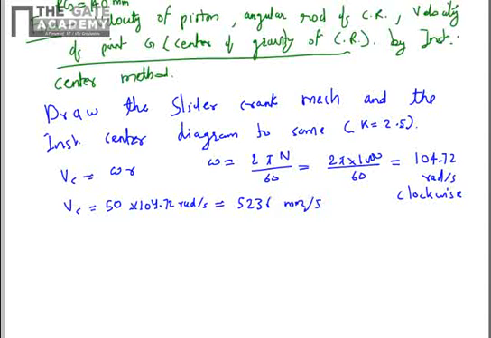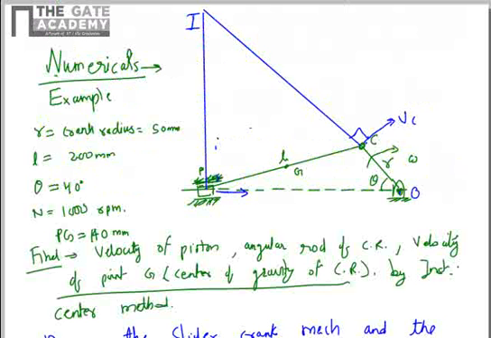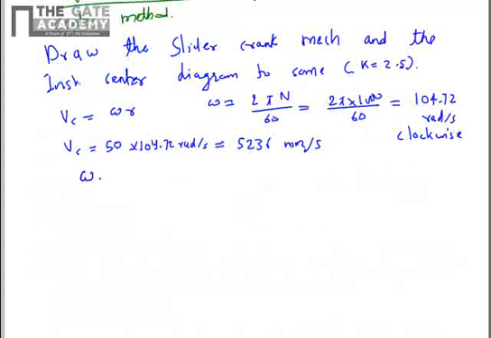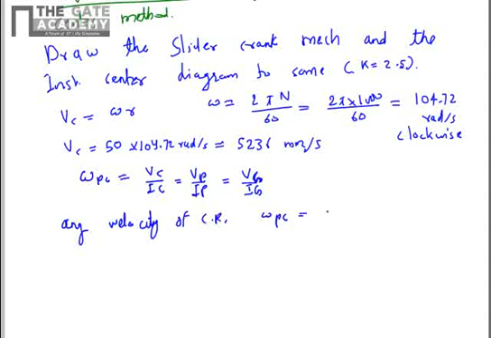Now from the instantaneous center velocity diagram, we know that Vp by Ip is equal to Vc by Ic. So we use this identity, and that will be equal to omega PC, the angular velocity of the connecting rod, equal to Vg by Ig. So all three quantities are derived from a single equation. So first we find omega PC, the angular velocity of connecting rod. This is equal to Vc by Ic. Vc is given as 5236.